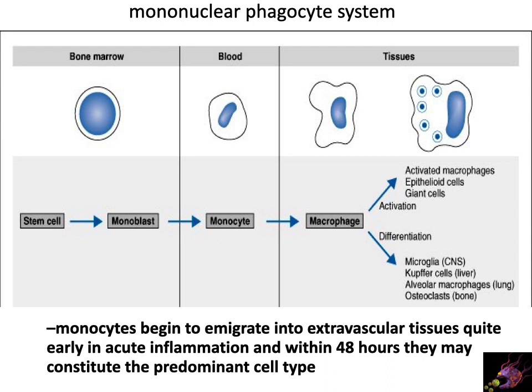Now, if the macrophage responds to an inflammatory process, okay, it is said to be activated. And as it becomes activated, they are known as activated macrophages. And that's what I keep on mentioning. Activated macrophages tend to acquire more cytoplasm. Okay, they tend to acquire more cytoplasm. And because it acquires more cytoplasm, it tends to look like epithelial cells.